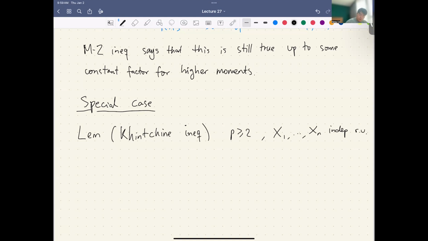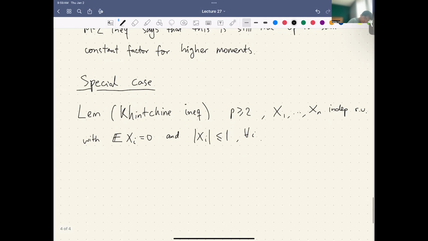Now it's real valued, so let me not mention it explicitly, with mean 0 and bounded by 1. Then there is this absolute constant c, so that we have the following.